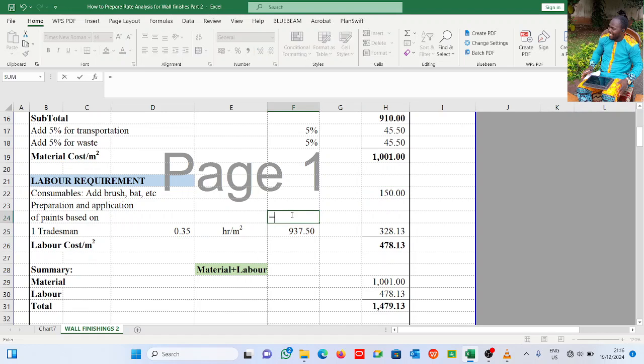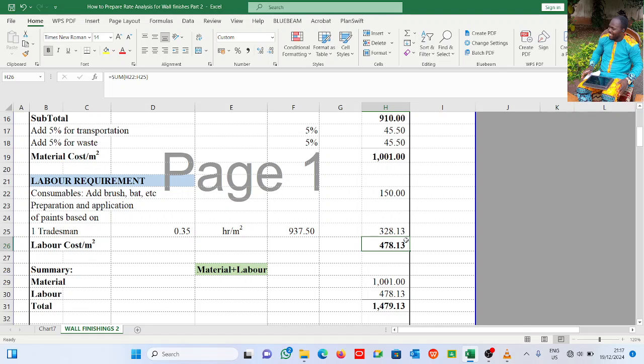This is this. A skilled workman, if you saw our previous videos, 500 naira per day. For 1 hour we divide by 8, that gives us this. So 0.35 times that gives us 328. So this gives us the labor aspect.